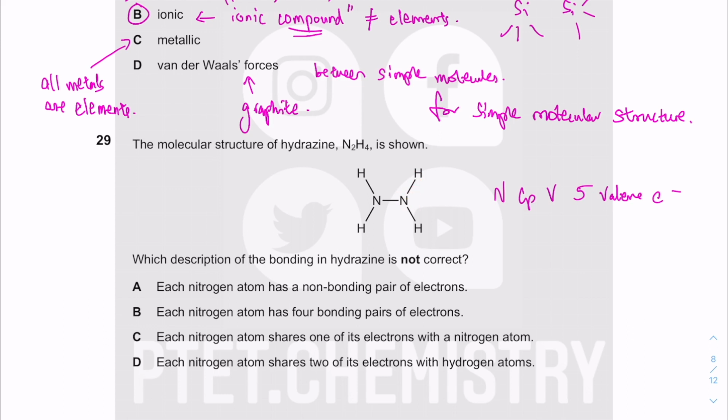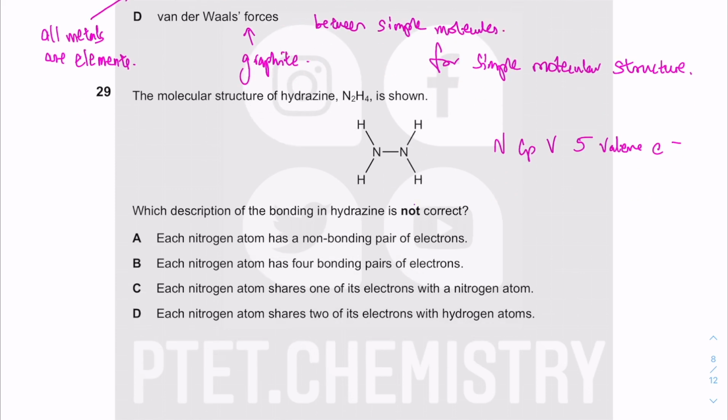So which description of the bonding in hydrazine is not correct? Read the question carefully: not correct. Nitrogen is in group 5, 5 outer shell electrons, and uses 1, 2, 3 for bonding. You only use 3 out of 5, so you still have 2 more.